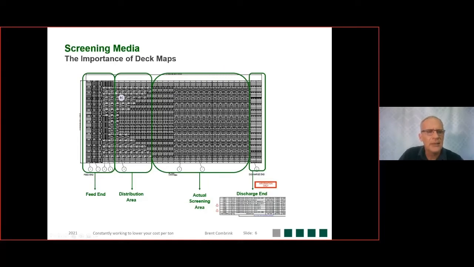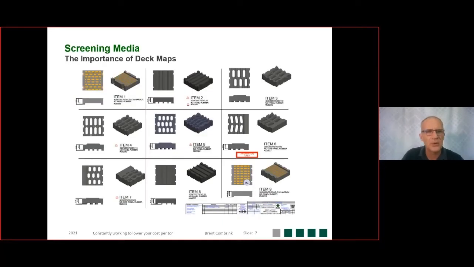And these deck maps show the different configurations of different types of panels that we use in different areas on the screen deck. We can have up to 14 different types of panels, and I'm going to show you some examples of what they would look like, the different types that we could use on one screen.